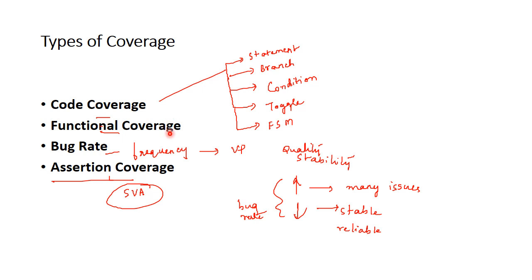Next, we will see what is meant by bug rate in the types of coverage. Bug rate refers to the frequency at which bugs, or defects, are found in a particular design during the verification process.